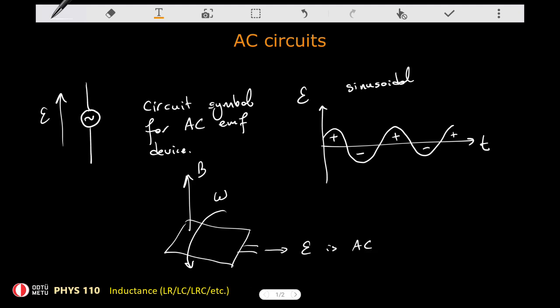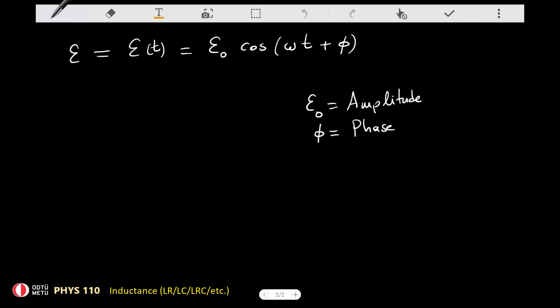So let's just start with this. The EMF has a sinusoidal time dependence, so we usually write this time dependence like that. This function is either a sine or cosine. Don't worry about which one you should use, because I can express the same thing in terms of the sine function by a simple shift of the phase angle.